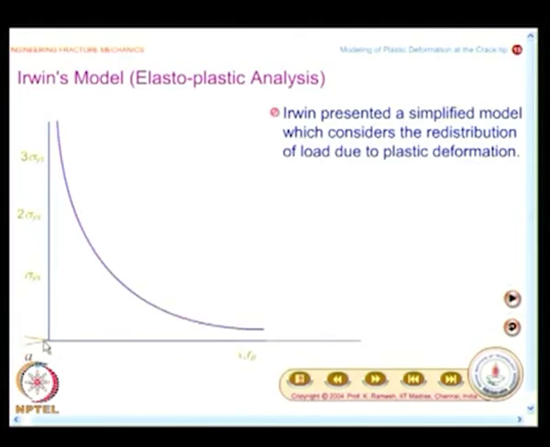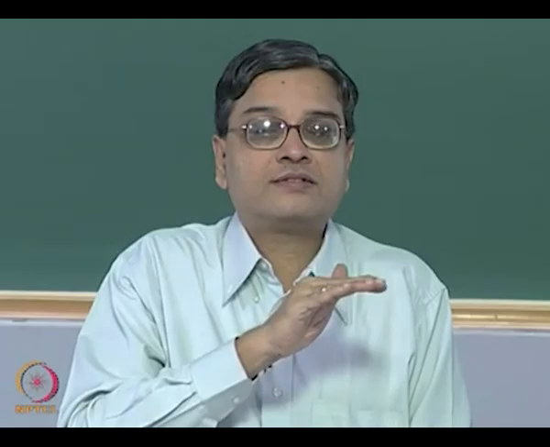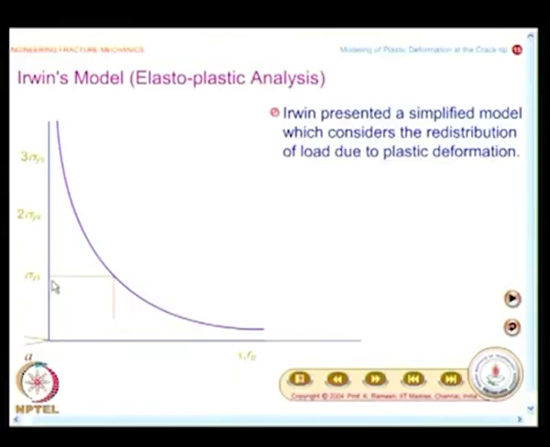You have the crack tip and you have the stress field as given by your Westergaard solution. The value of sigma y is plotted here. And in a simplistic model, what we did, we simply cut off this line when it reaches the yield condition. If you apply Tresca yield criterion, it happens at sigma ys, and when you do this, you have this point located, and we said that this should be the length of plastic zone ahead of the crack.